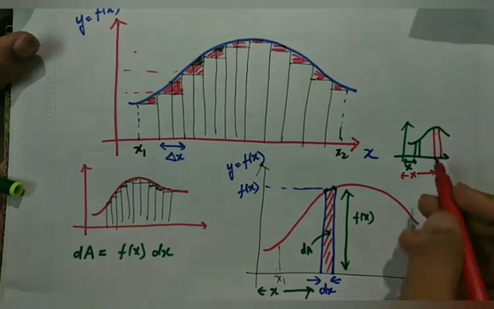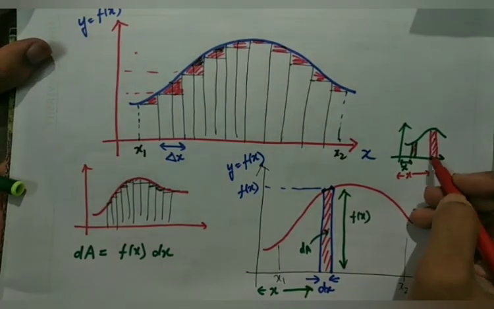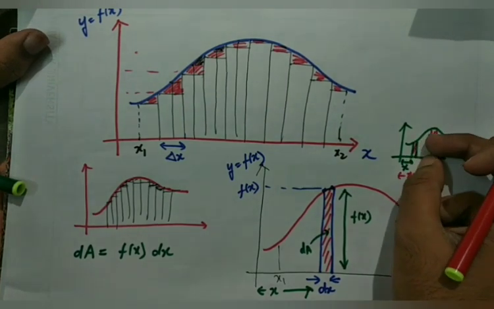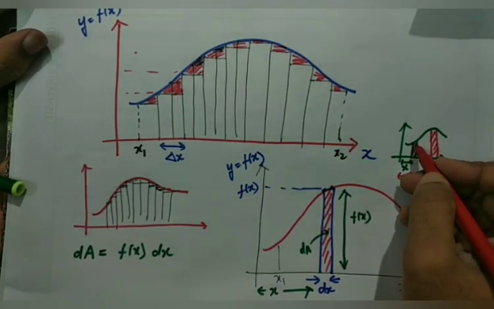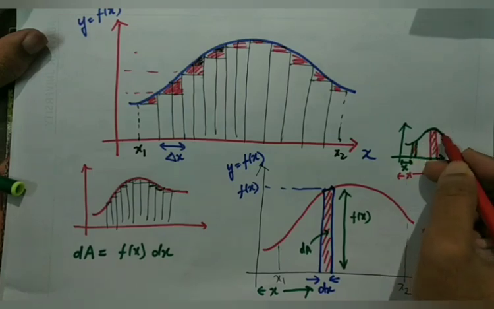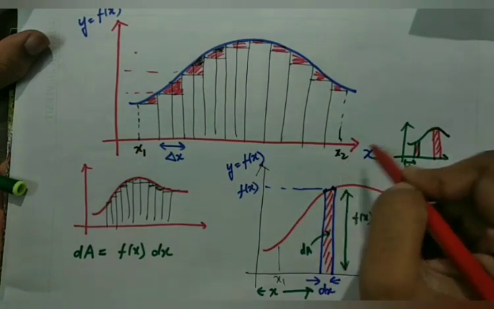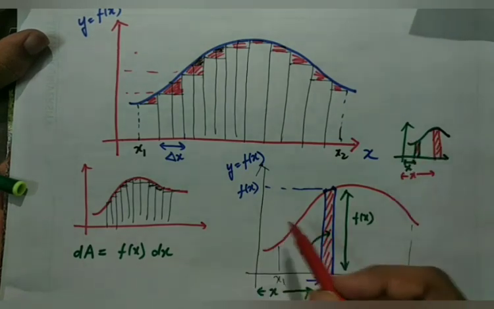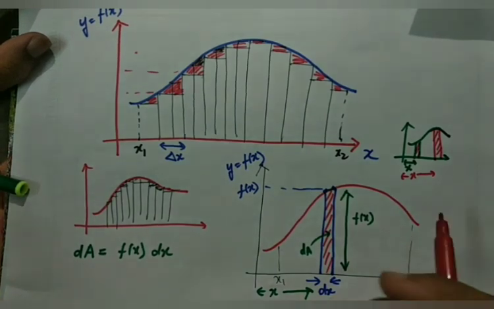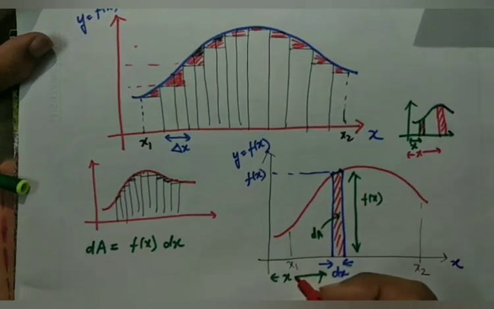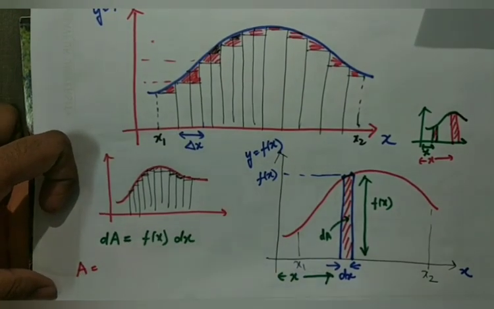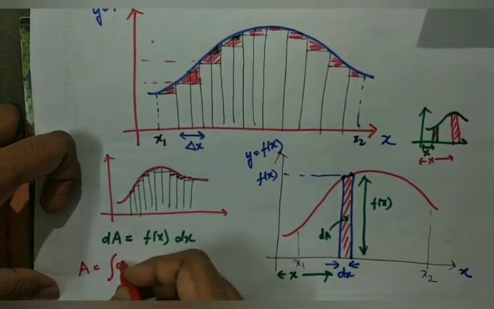This rectangle will change from x1 to x2, and it will traverse the entire curve within our limits, and we can actually get the area if we can add these small infinitesimal rectangles. So for the total area, we will integrate dA.